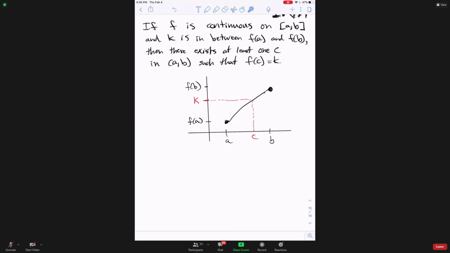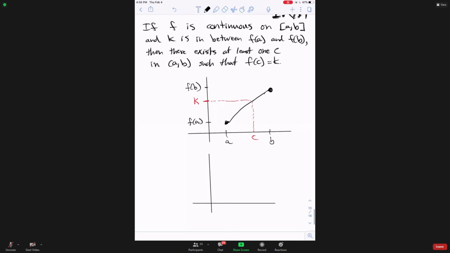Now, where would this be applied? Why is this useful? Well, for example, let's say I know at x equals a, I have a function value that's down there. And I know at x equals b, I have a function value that's way up here. And I know that f of x is continuous. Well, I've got to go from here to here between the endpoints, so I know it's going to cross the x-axis.